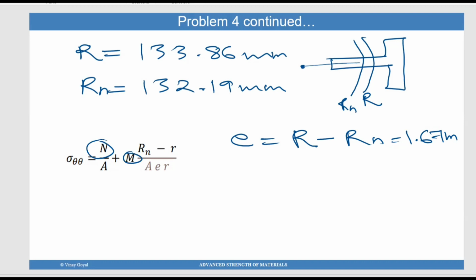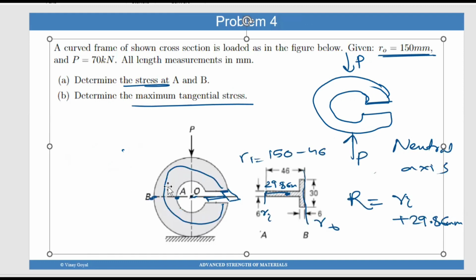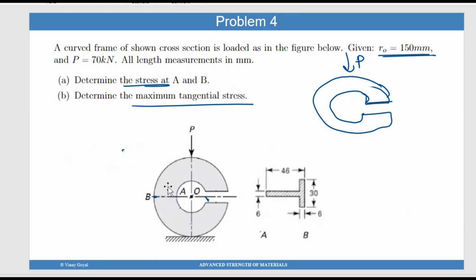So what you have to do is find out what the stresses are in this part, right? You want to find out the stress at A and B. So we are going to look at what the axial force and the moment are at A and B. So let's look at this.